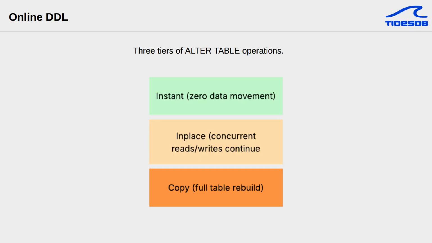So it's like add index, drop index, creating a new column family. And yeah, it doesn't block any operations in place. Copy actually does a full table rebuild. So this is like changing column family types.